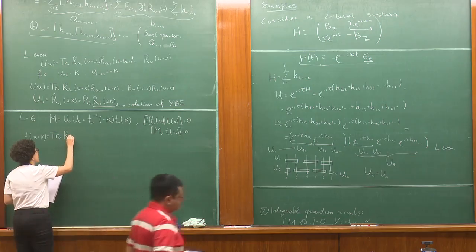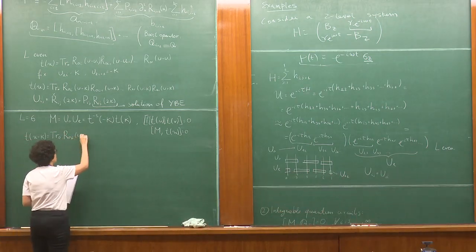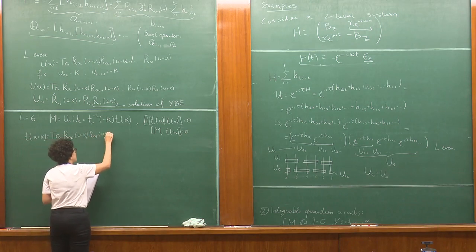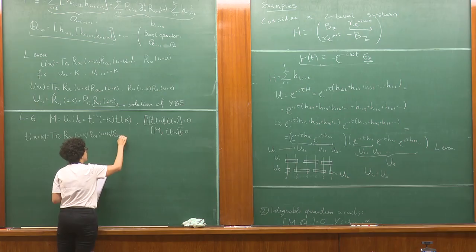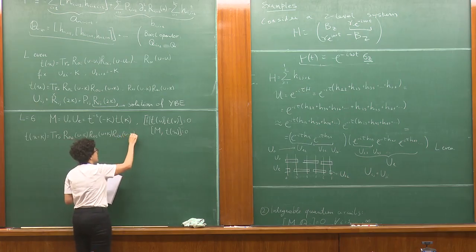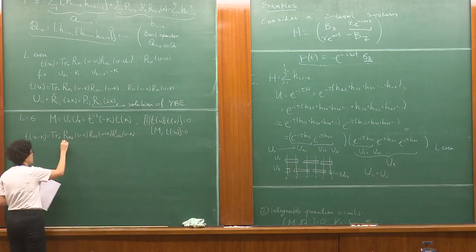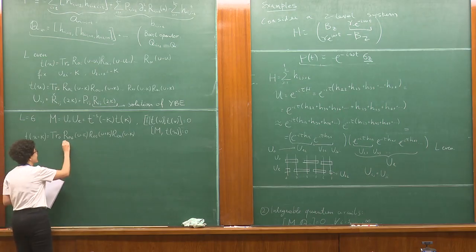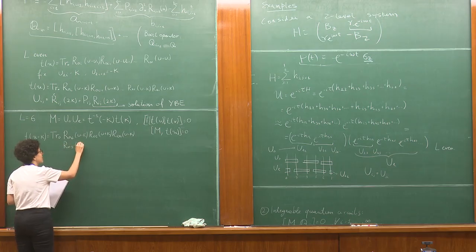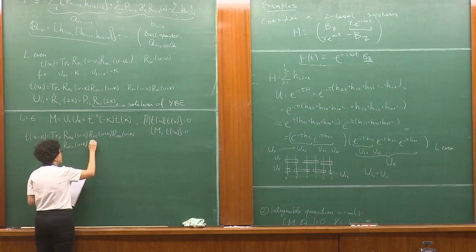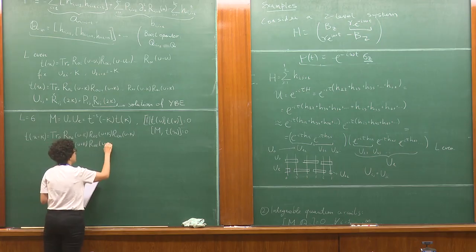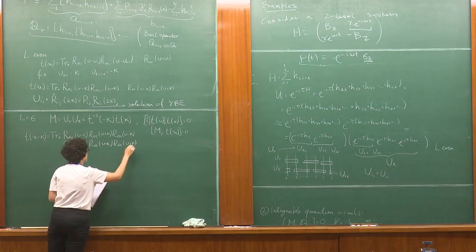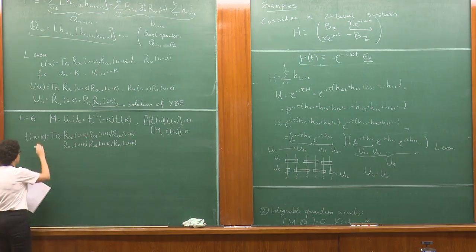Maybe I should write R06, U minus kappa, R05, U plus kappa, R04. If it's too slow, I can speed it up a little bit. Is it okay? Okay, yeah. R03 U plus kappa, R02 U minus kappa, R01 U plus kappa. Okay, so this is general.